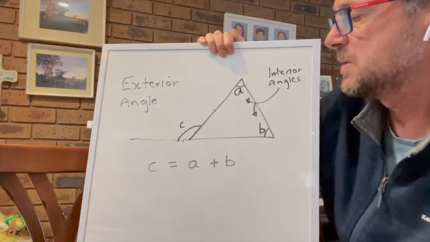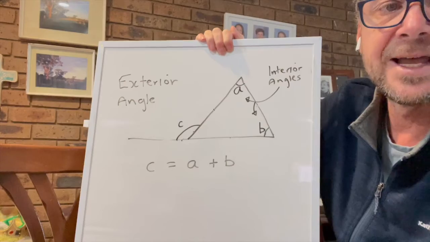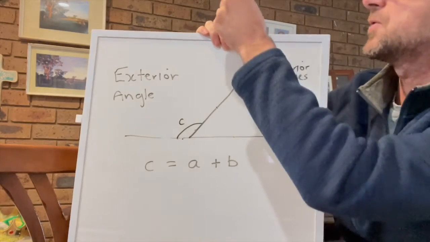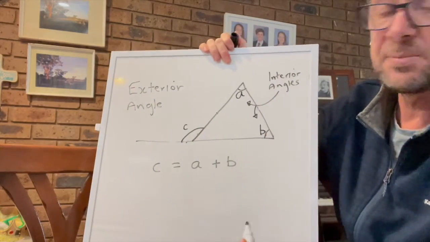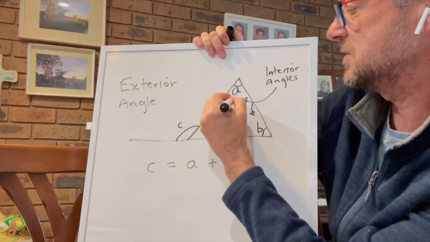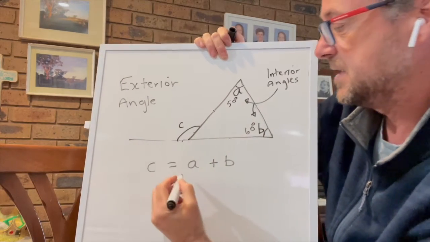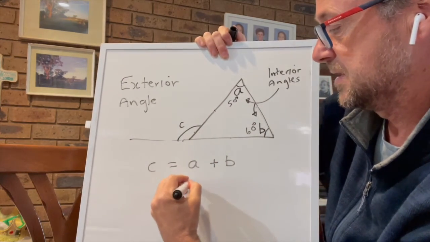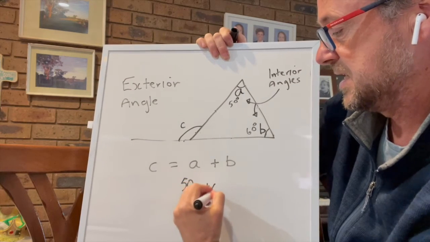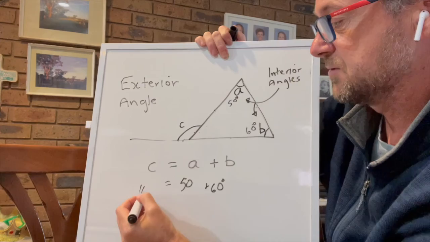To make it easier to understand, effectively C is equal to the opposite angles A and B added together. So if we think of this as an example, let's consider that A is equal to say 50 degrees and B here is equal to 60 degrees, then 50 plus 60 will equal the C on the outside here, which will be 110 degrees.